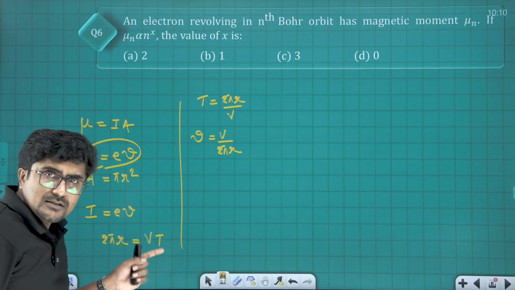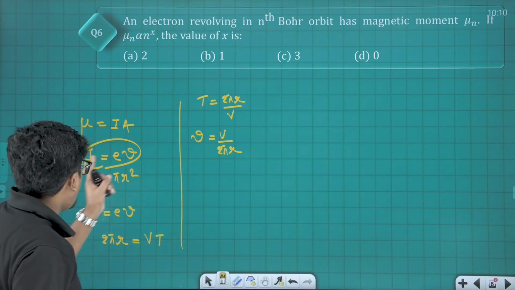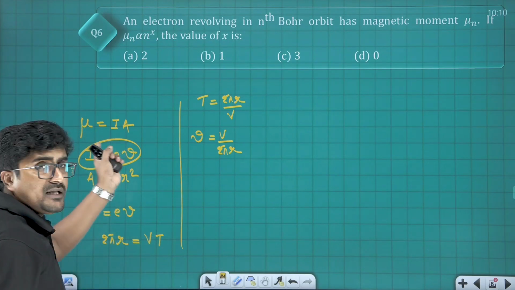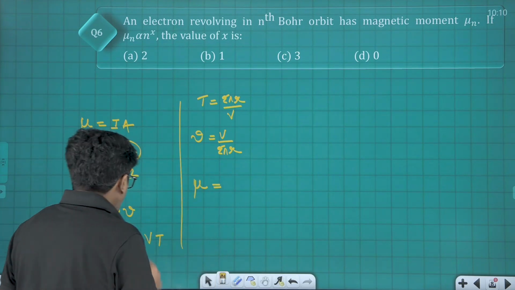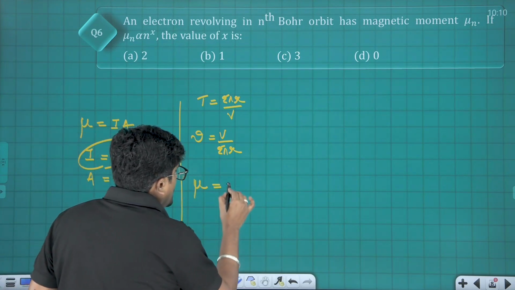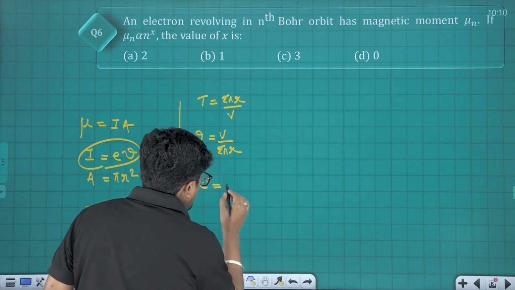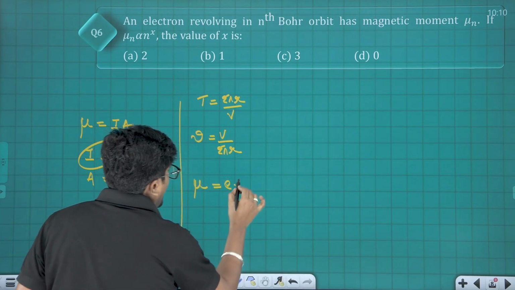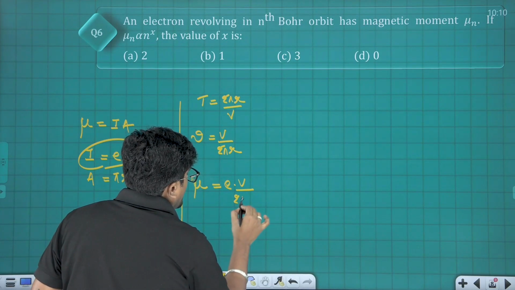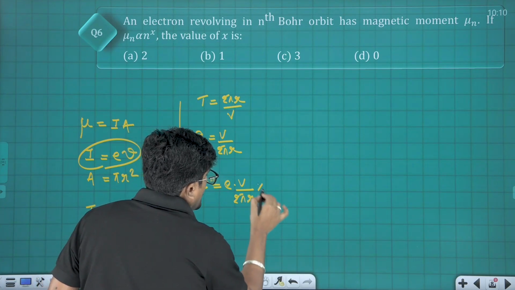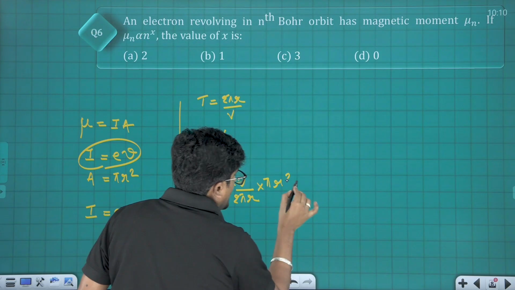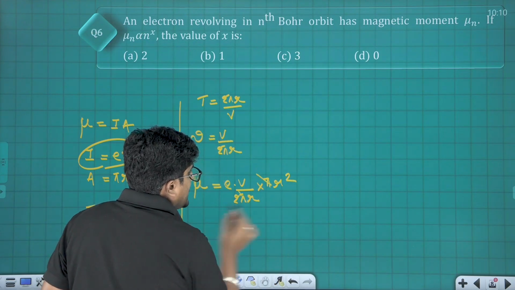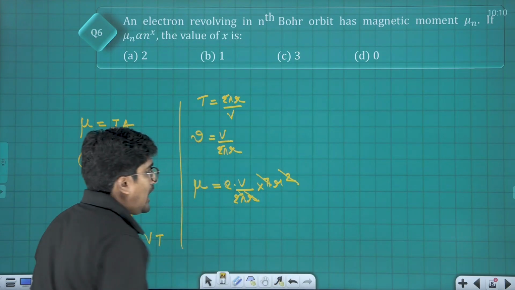Now let me substitute the value of I as well as area in the expression of mu. So now mu is equal to e into, instead of frequency, v upon 2 pi r, into, for area, pi r square. So pi and pi will cancel each other, r square and r will cancel partly.